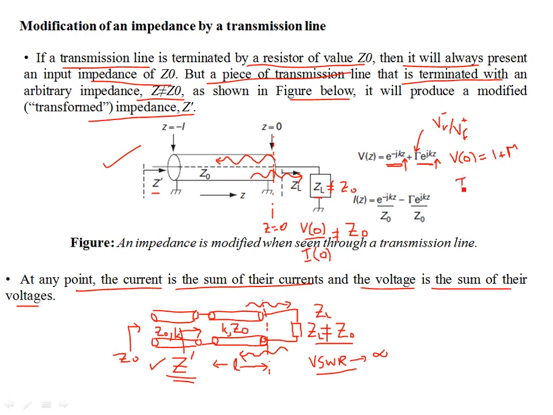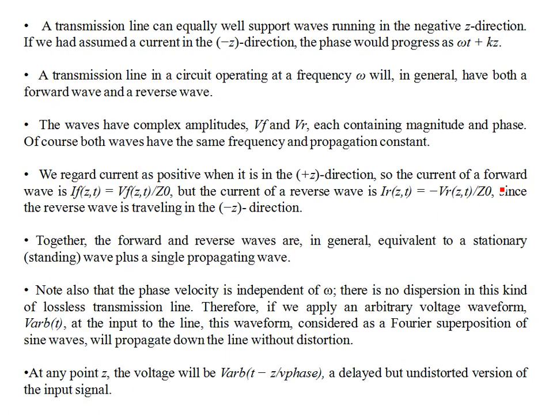Similarly, I of 0 will be equal to V divided by Z0 times the current wave, so this is 1 minus gamma. Why is there a minus sign? If you recall from the previous discussion, the current is positive for a positive z-directed wave, and the current of the forward wave is IF, VF over Z naught.